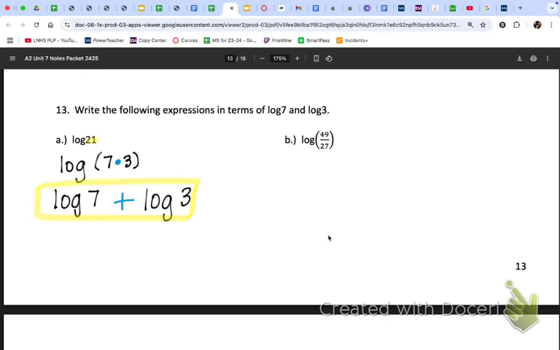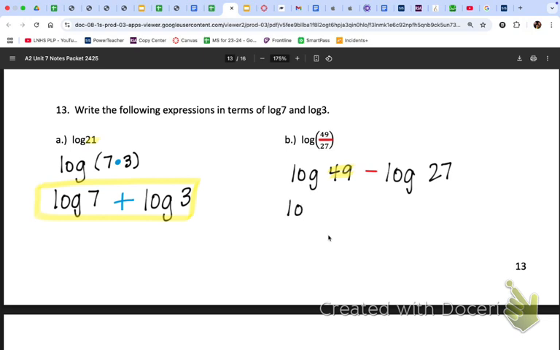Okay, what about the next one? Yep, so we can subtract. If we want to do that first, that's fine: log 49 minus log 27. But here's the thing, it's asking in terms of log 7 and log 3. So how can you write 49 using a 7?